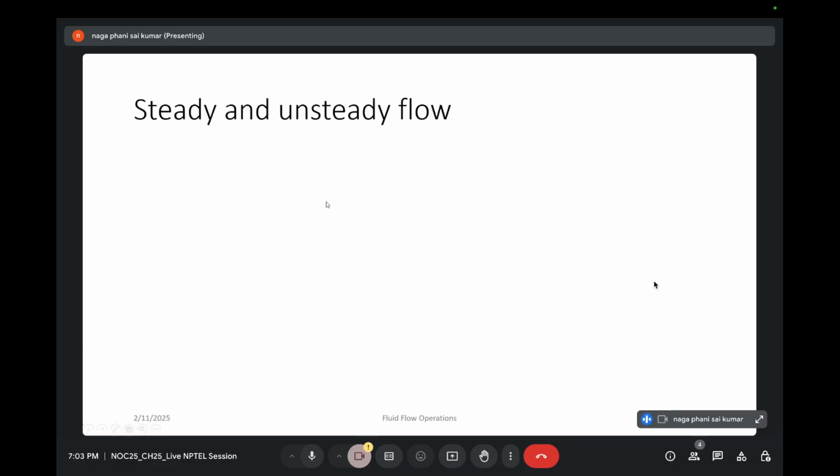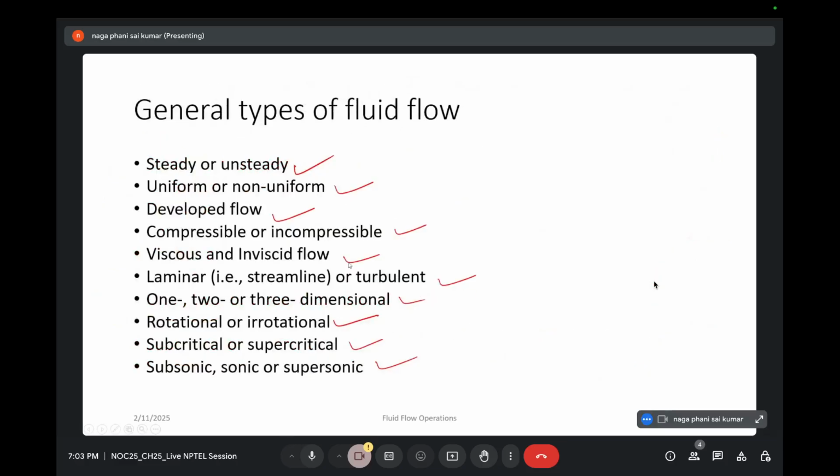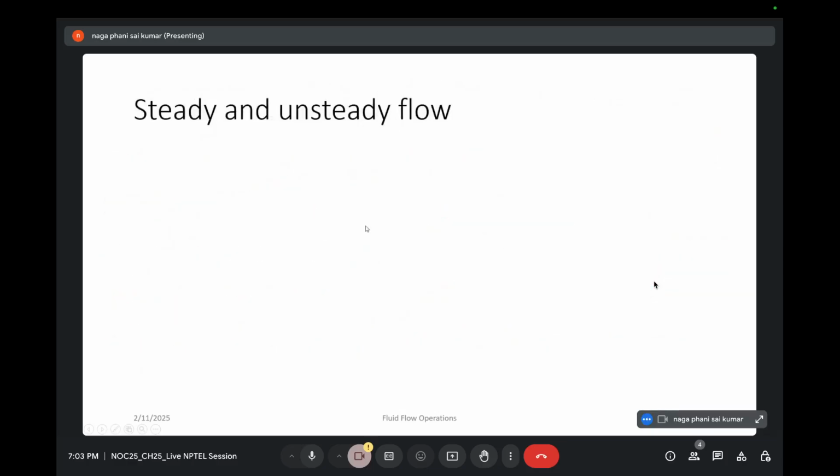Now let's get back to the different types of flow patterns. As we just discussed, there are different types of flows, so let's understand each of them in detail. Coming to steady and unsteady state flow, first let's understand steady state flow.